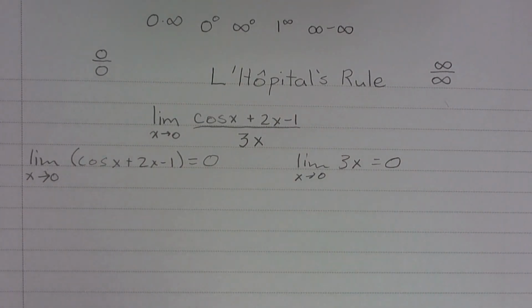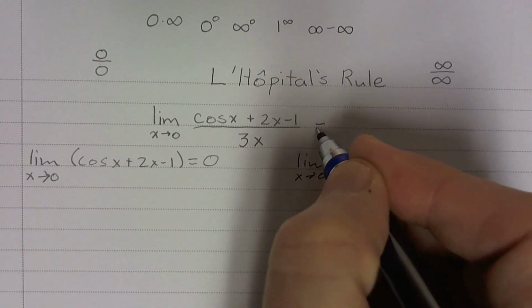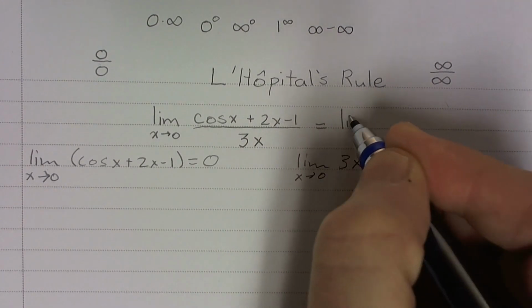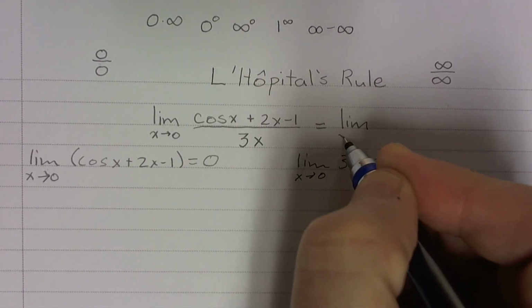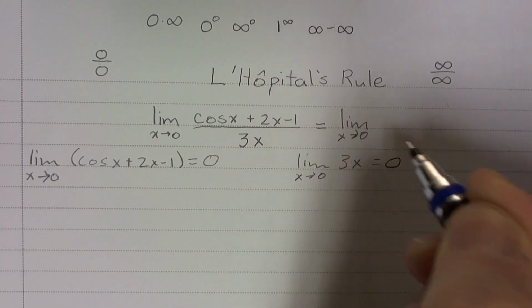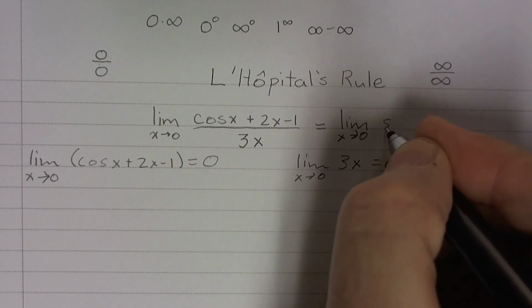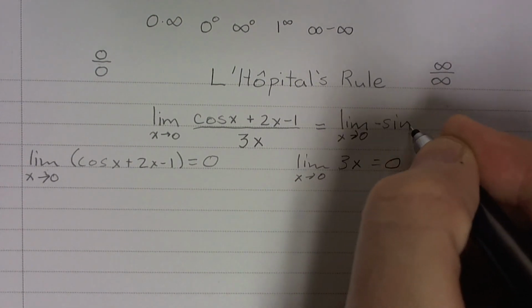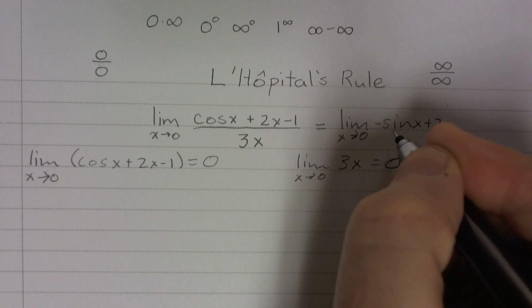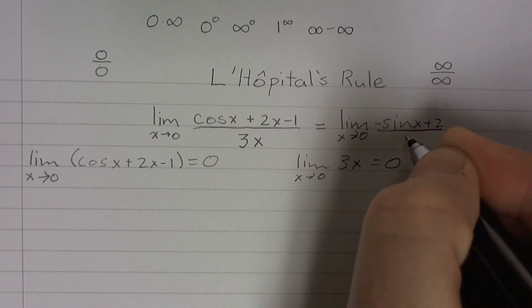So here's what L'Hopital's rule tells us. We can take the limit of the derivative of the top over the derivative of the bottom. So I'm going to take the derivative of the top, and that is negative sine x plus 2, and I'm going to put it over the derivative of the bottom.